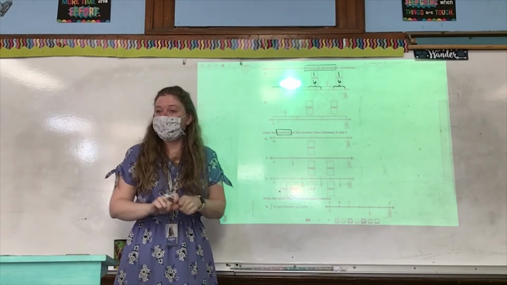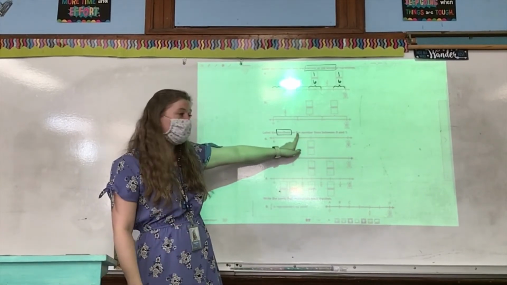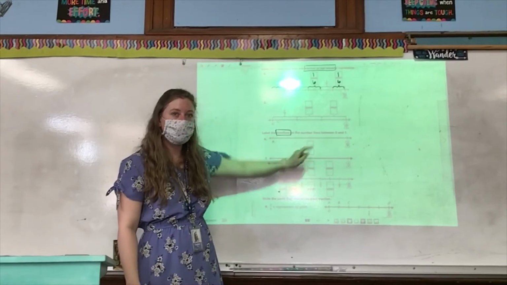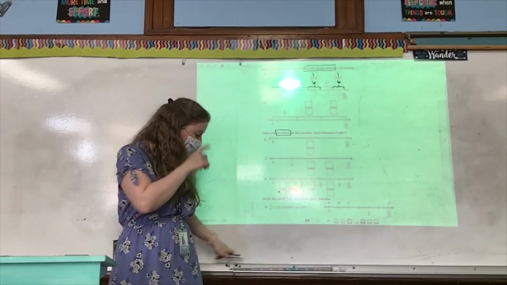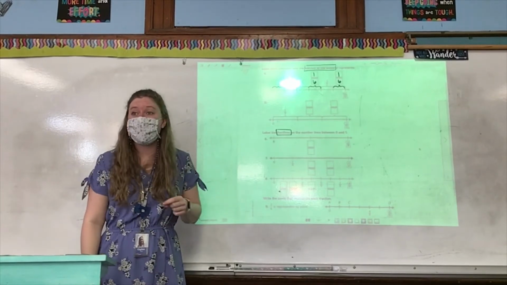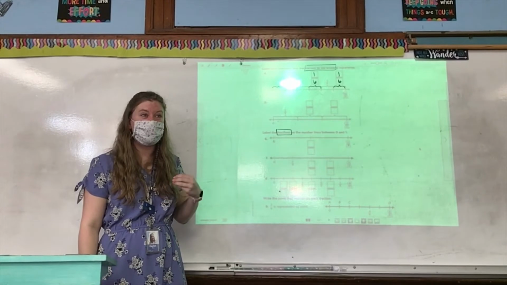How many are there from 0? If you're labeling the fractions, you're looking at how far away from 0 that tick mark is. So, first we have to find out the denominator. Now there's an easy way to do that, but that's not going to help you later.